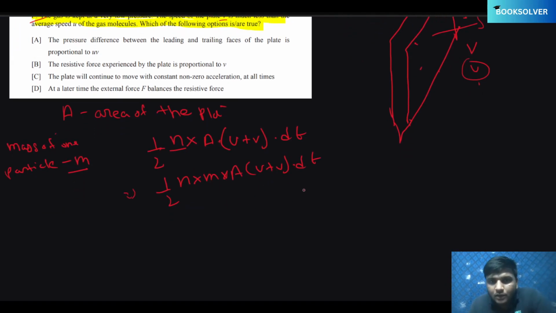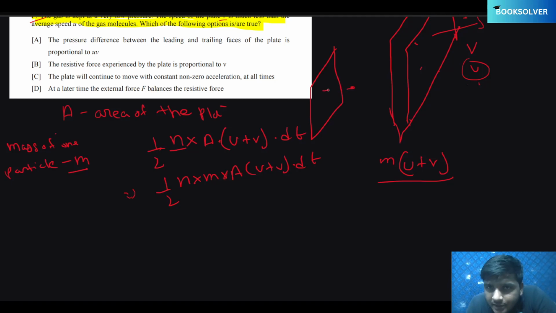Now let's find their momentum, because the change in momentum is what will give us the force here. What momentum will be imparted? Suppose this is the plate, and a particle of mass m is coming with velocity u, while the plate is moving with v.